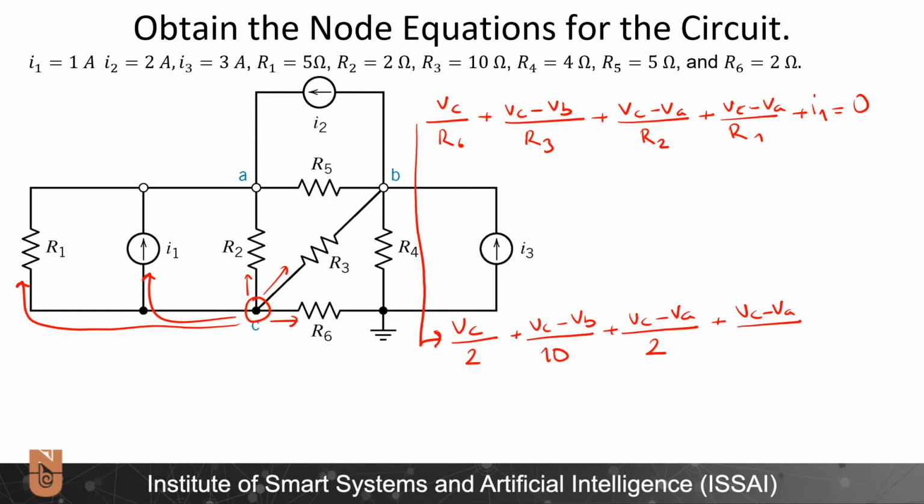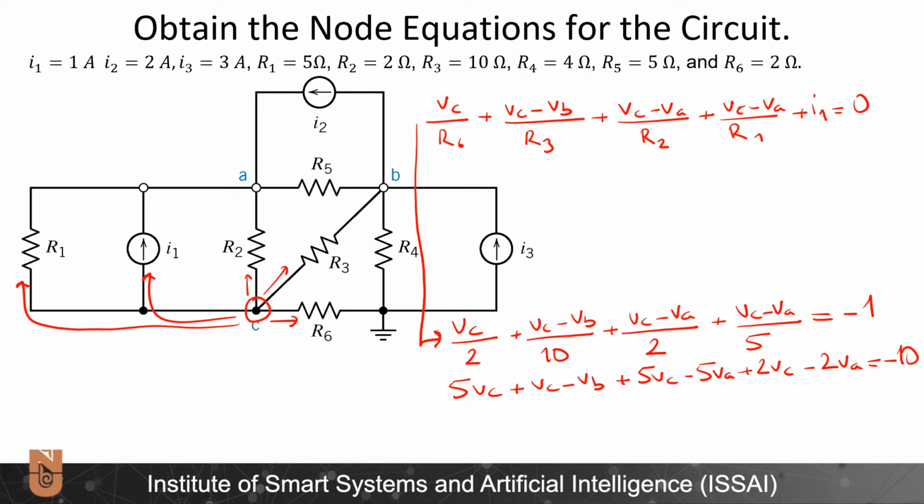R1 is equal to 5, and I1 is equal to minus 1. So let us further simplify. 5VC plus VC minus VB plus 5VC minus VA plus 2VC minus 2VA is equal to minus 10.